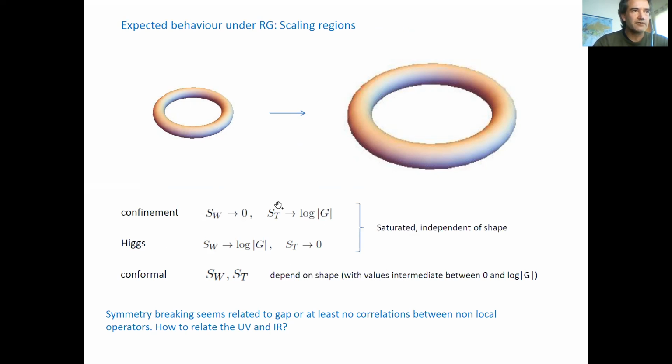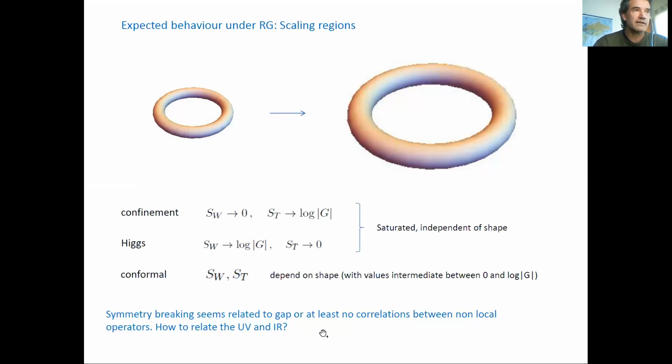And as you have saturation here, this gives you the idea that, as the expectation values of these fat operators are saturated to 0 or to 1, the correlations between these non-local operators are 0.